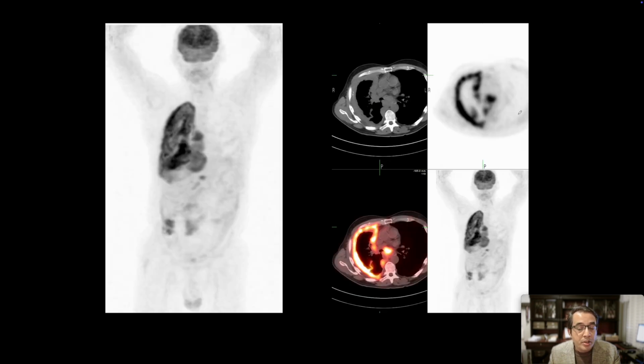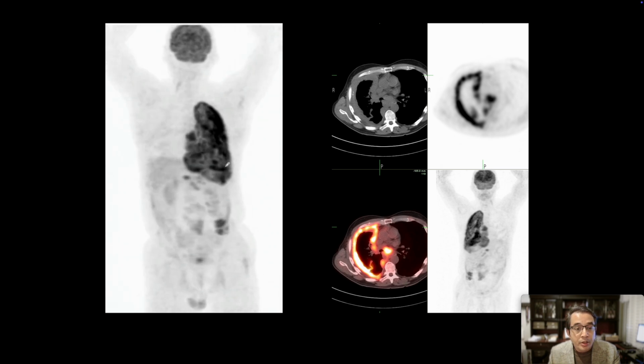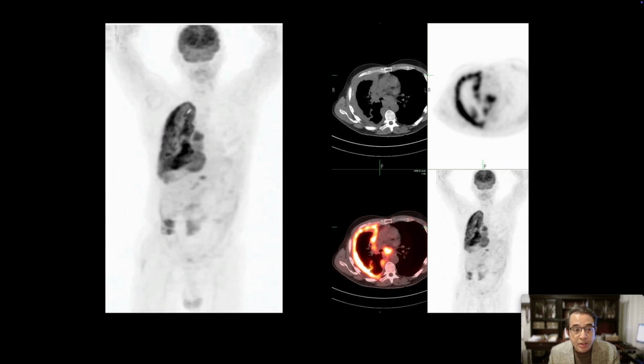Here's our next patient who underwent a whole body FDG PET-CT scan. Let's start by reviewing the rotating image. This image shows intense uptake in a peripheral pattern involving the right hemithorax, and when we look at the corresponding axial images, we find that there is on the CT diffuse thickening of the pleura.